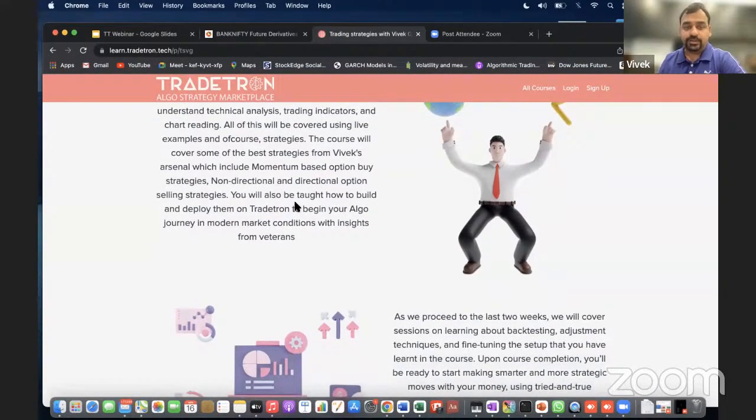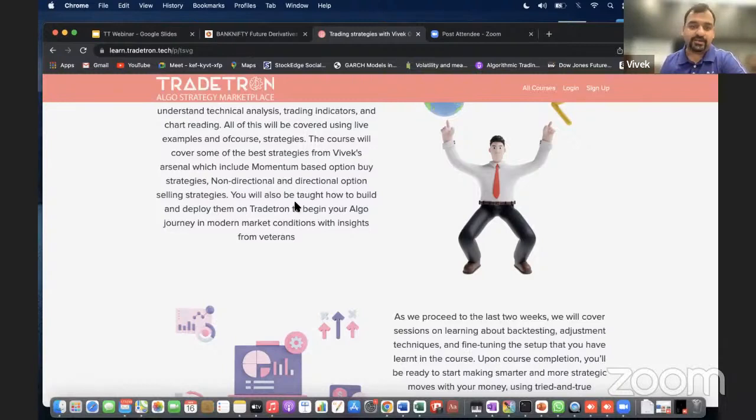And in the non-directional selling strategies, we'll be covering a complete rule-based system on how to write options for Nifty and Bank Nifty with reasonable return expectations, but always having a defined risk.